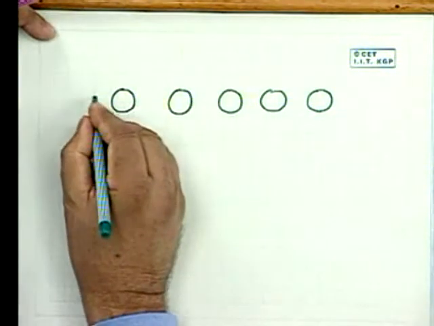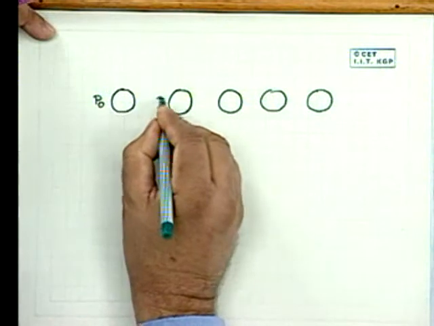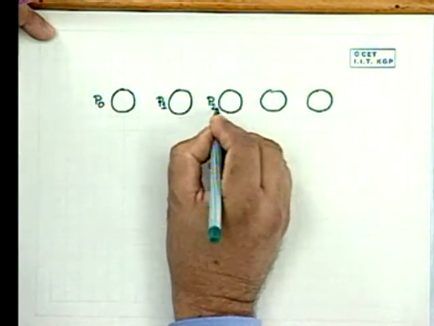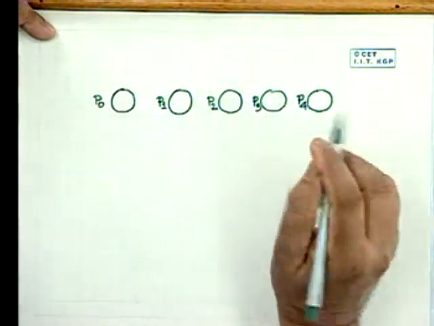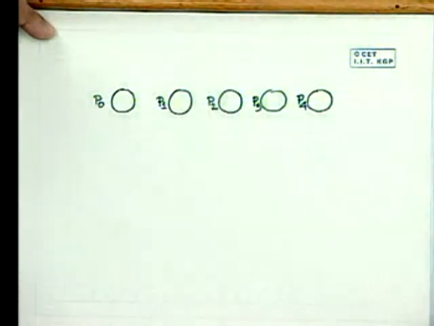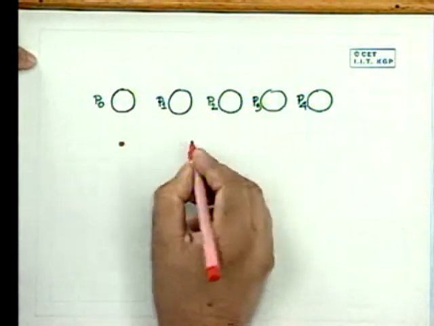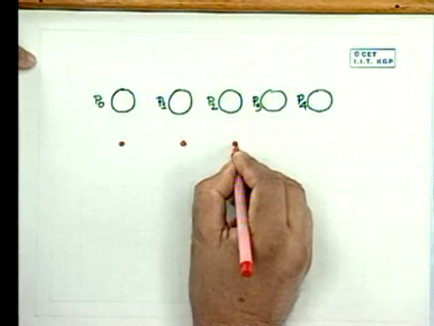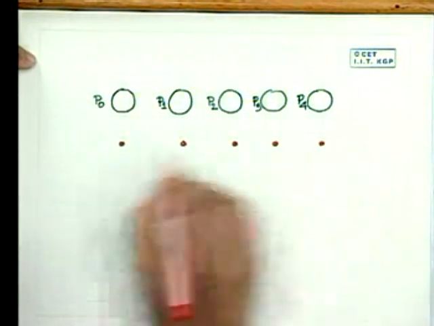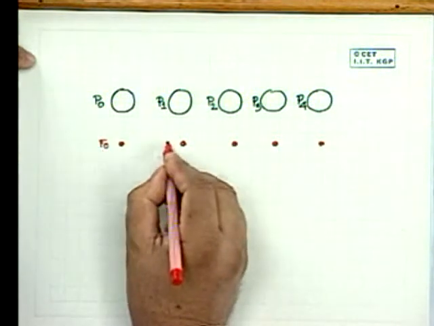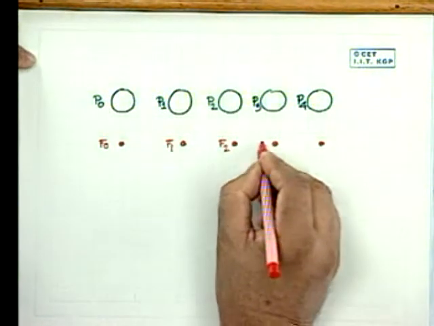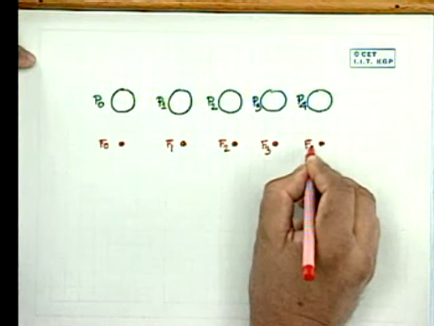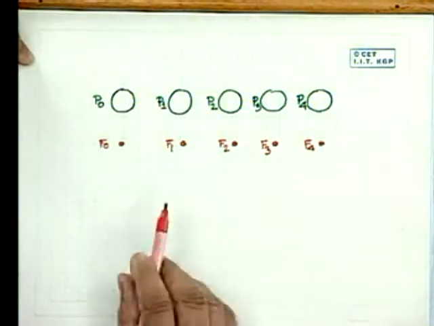This is philosopher 0 or process 0, this is process 1, process 2, 3 and process 4. There are 5 forks: fork 0 or resource 0, fork 1, fork 2, fork 3 and fork 4. They are our resources.